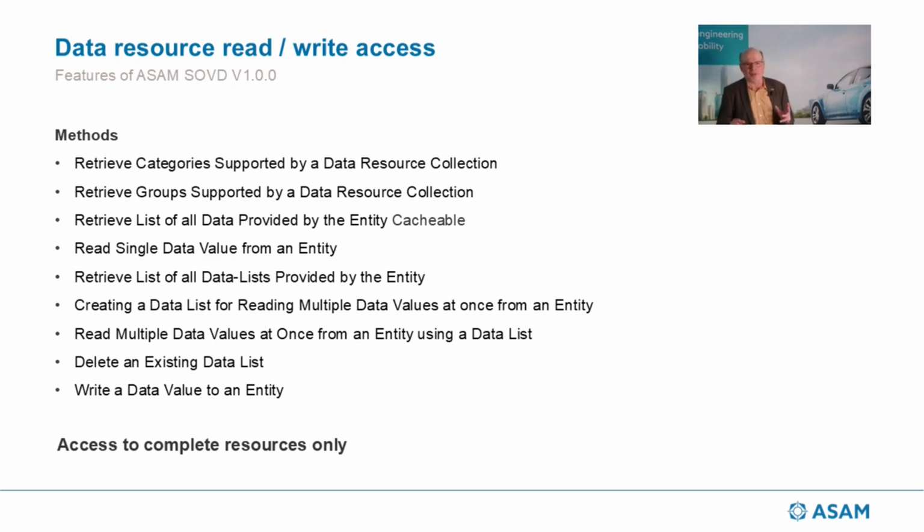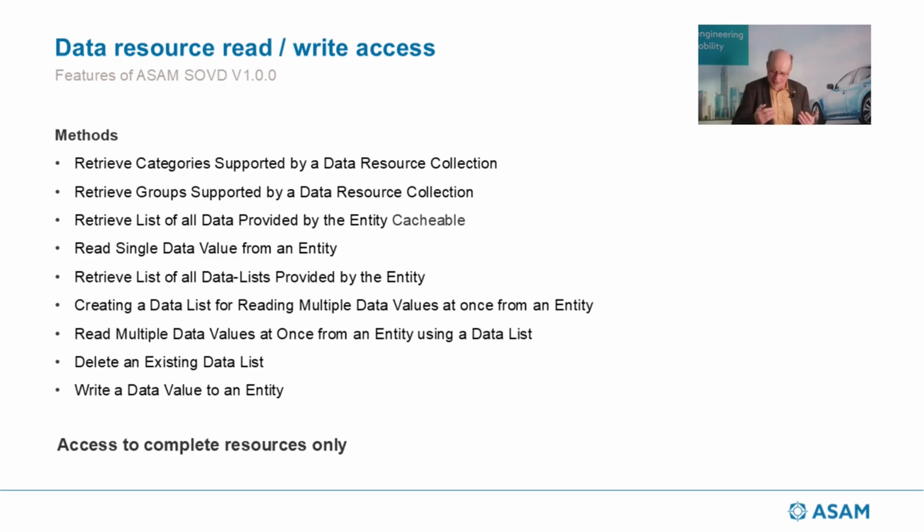And we have here the speciality. Normally you can only have read access to one resource. This means if you have the resources Anton, Bertha, Caesar, you make read Anton, read Bertha, read Caesar sequentially. But you can also combine it to a so-called data list.